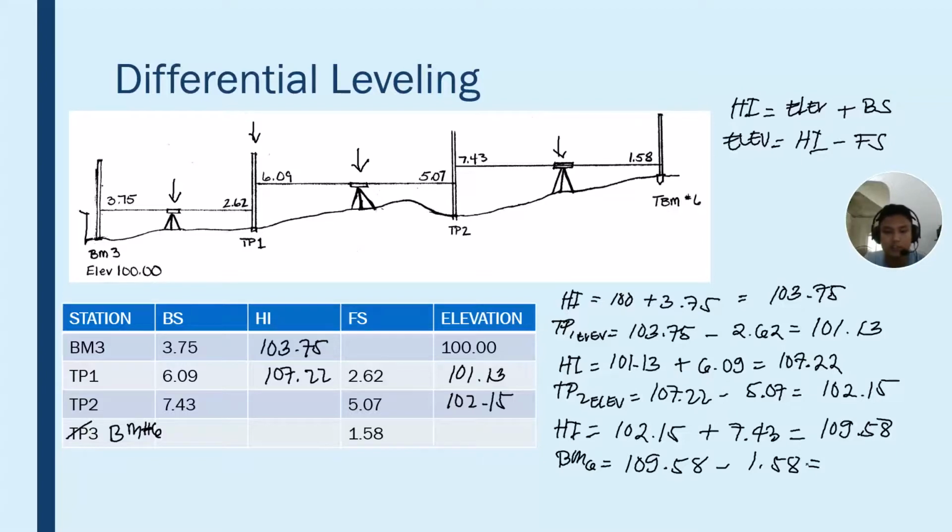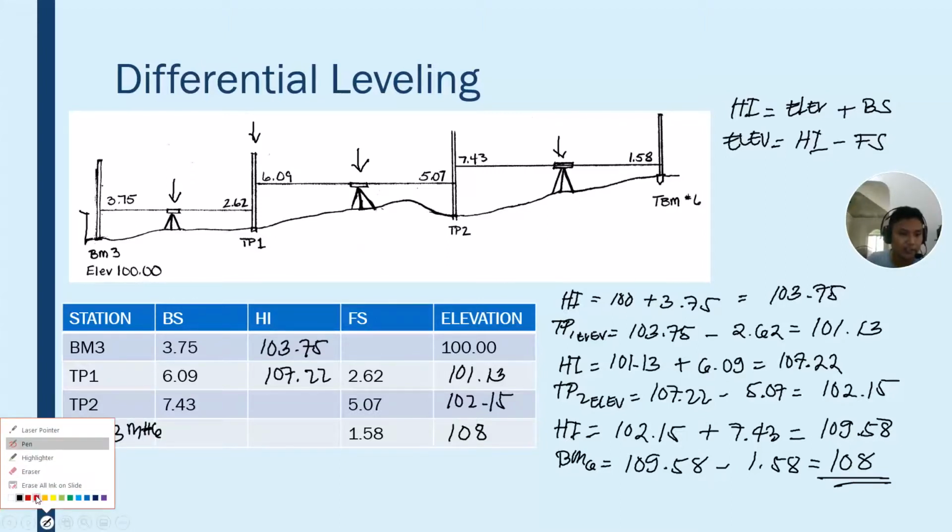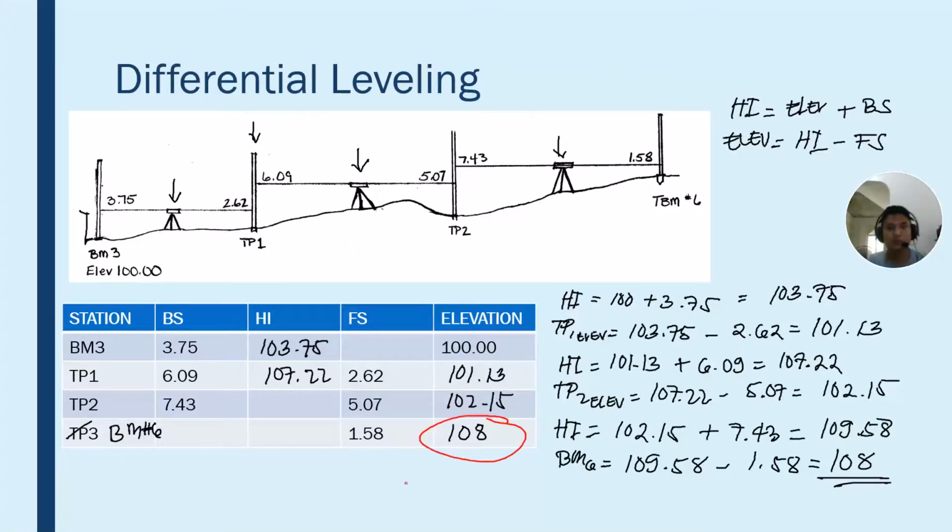So just be careful in solving the height of instrument and elevation for each station so that we will not have an error on the final station. So subtract that, we have a value of 108 for the elevation. So that's your final answer, 108 for the elevation for the final station, this one.